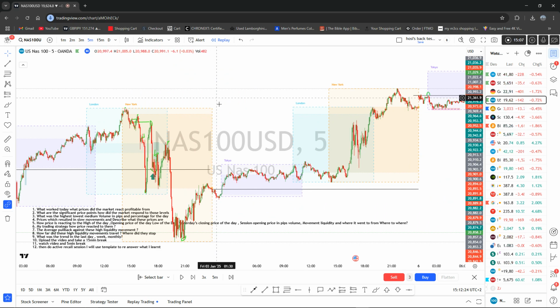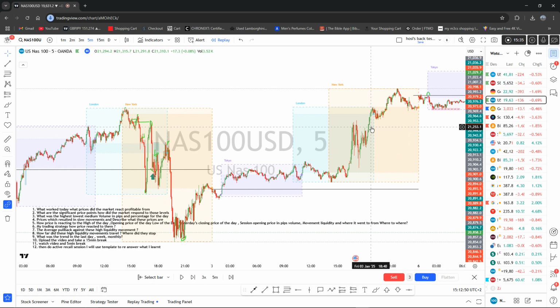Yesterday's opening price of the session, wow, that was really impacted. It did see selling impact at 5, right? That is at yesterday's session open, the bearish movement, which was the fastest, 160 in like 15 minutes.